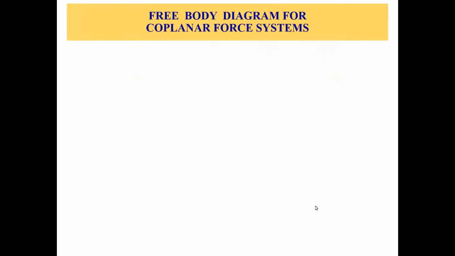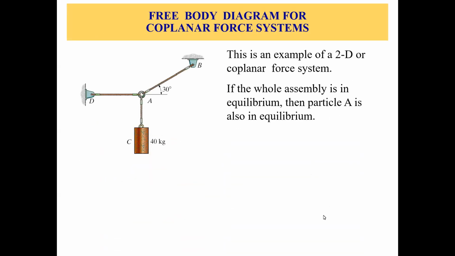Free body diagram for coplanar force systems. First of all, what is a coplanar force system? Whenever we talk about two-dimensional space or a 2D problem, we are talking about a coplanar force system. We only have the x-axis and y-axis, just two coordinate axes. We don't have a z-axis because we are not talking about the third direction, the z direction.